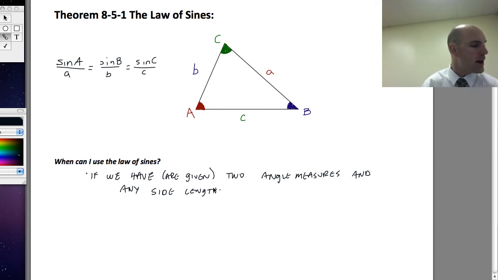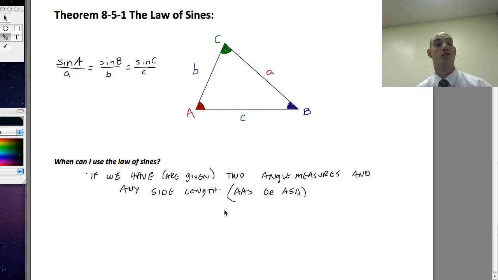So it would be an angle, angle, side, or angle, side, angle kind of a situation. So if we're given two angles and any side, we can use the law of sines.